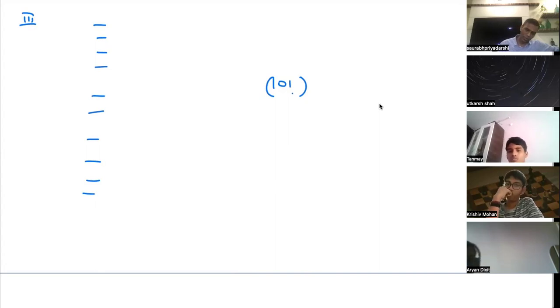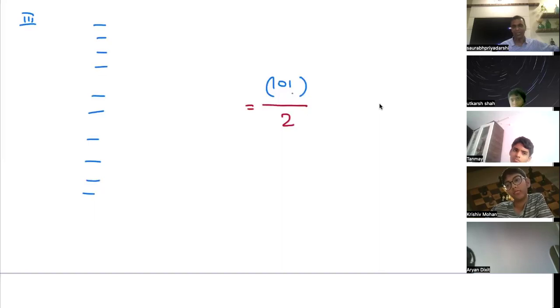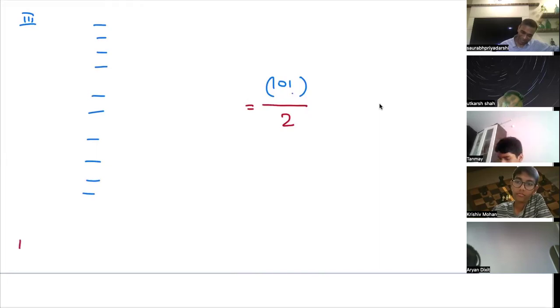But we know that in half of the cases A1 will be above and in half of the cases A2 will be above. So if I divide this by 2, we get the answer. Is this okay? Half of the cases of factorial 10, right? And we'll go for the fourth method again.